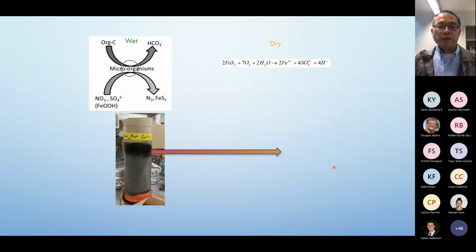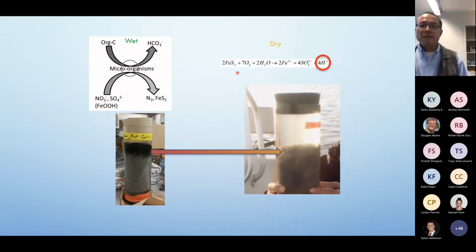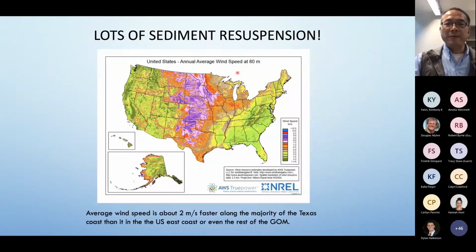Here you can see the top part is iron sulfide in the reduced form, but in nature the top part of the sediments shows this rusty color. To me that's oxidized iron. So that's the contrast between wet and dry conditions, right? This oxidation of sulfide gives us the protons, or acid, to titrate alkalinity down.